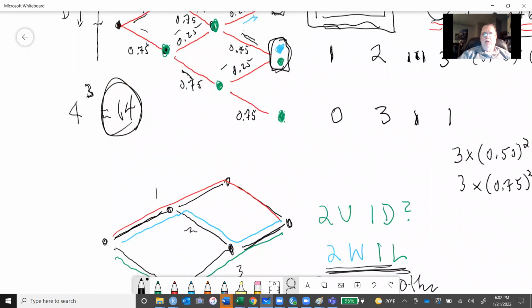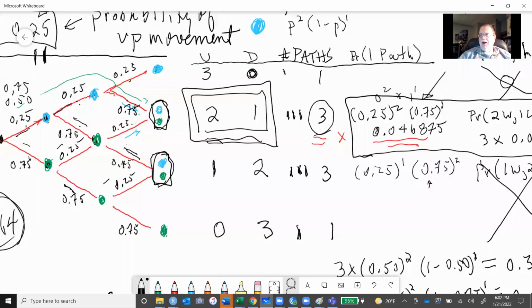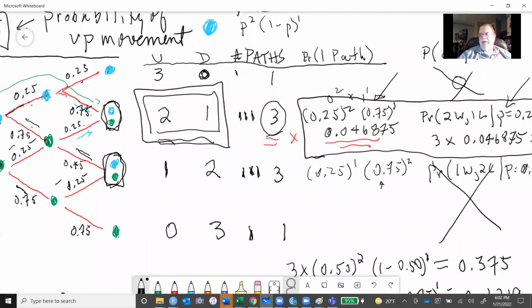Boy, no wonder we're always confused all the time. There's so much going on here. But I hope this unpacking of it helped a little bit. The number of ups, the number of downs, the number of paths, the probability of each path.